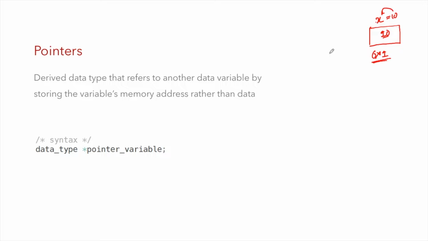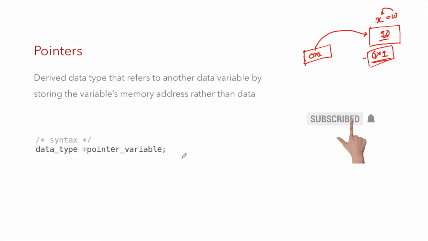When I say a pointer, a pointer is another variable which points to this location. This is the location address, and this particular information is stored over here. So pointer variables do not store actual data, but just store the address location of another variable. Fairly simple concept to understand.